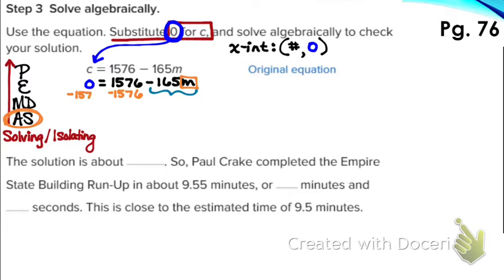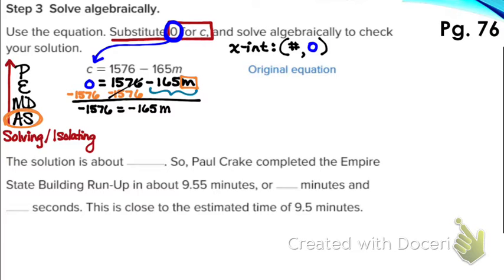Minus 1576. That's going to cancel here. So I'm going to have negative 1576 is equal to what? What do I have left on the right-hand side? Negative 165. Negative 165 m.